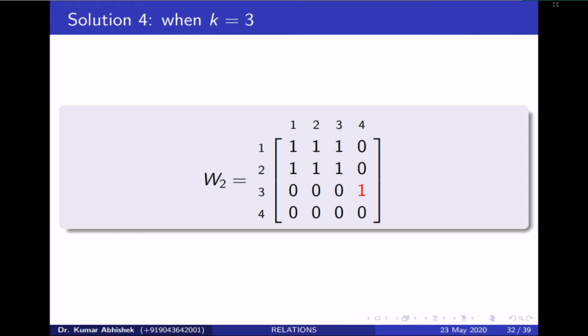So we expect the entries in W3 which will be non-zero to be 1,4 and 2,4. So we make those entries 1 to get the matrix W3.